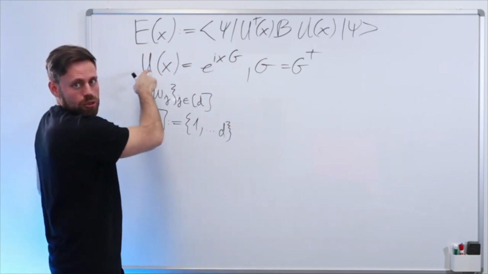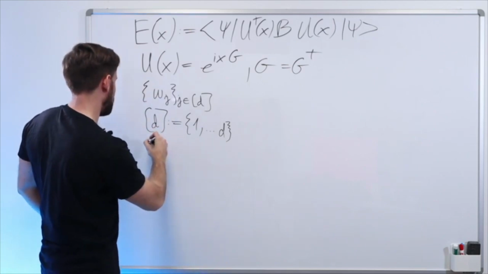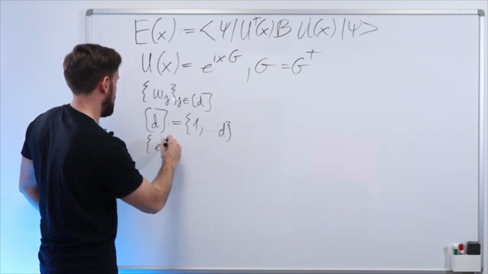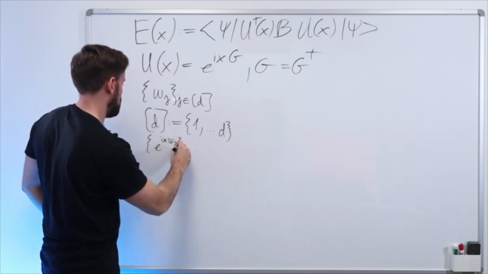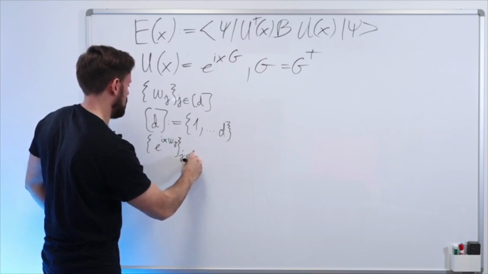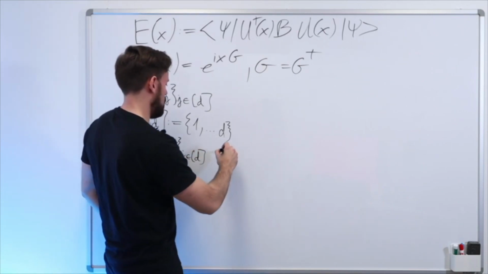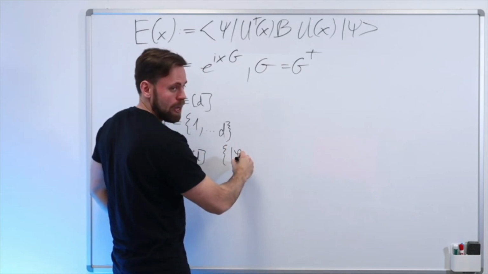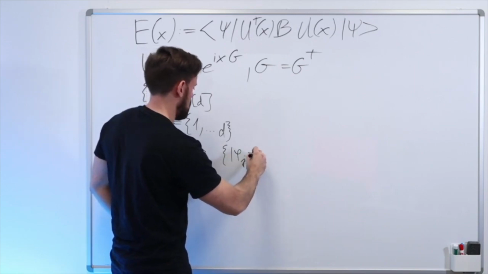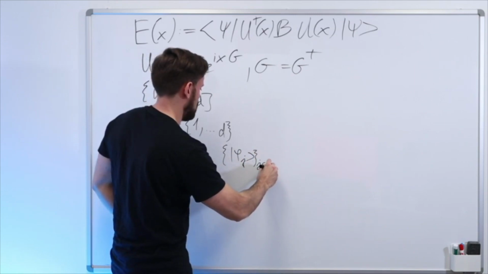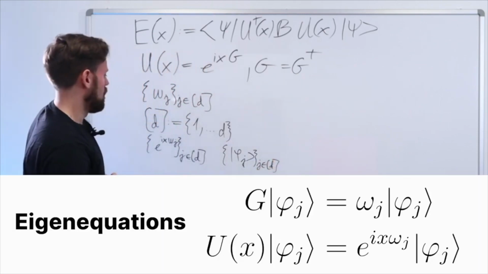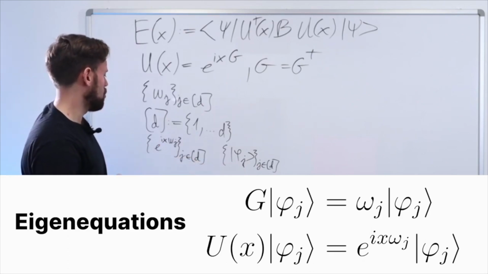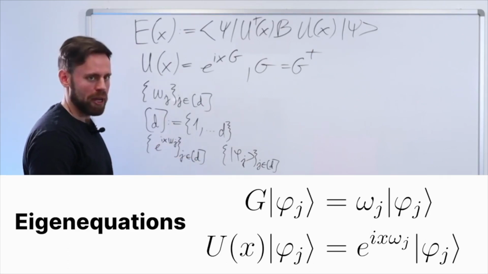Further to that, we can also introduce the eigenvalues and the eigenstates of U(x). The eigenvalues are going to be e to the power of ix omega j, such that j is from this square bracket D set, whereas the eigenstates can be denoted as ket phi j, such that once again j is from D. Also noting that ket phi j is going to be the eigenstate corresponding to eigenvalue e to the power of ix omega j.